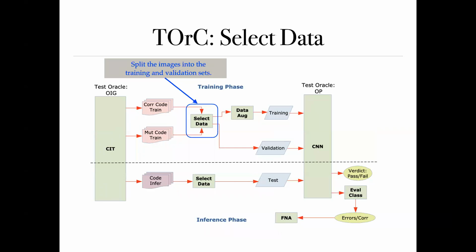After that, we have the select data task, which splits the images into the training and validation sets. In order to do this, we generate a rank based on image similarity metrics, where we pick images that are more dissimilar in order to have more significant datasets.